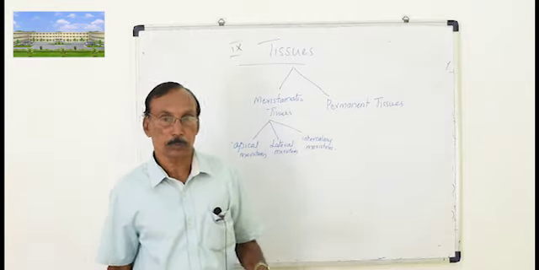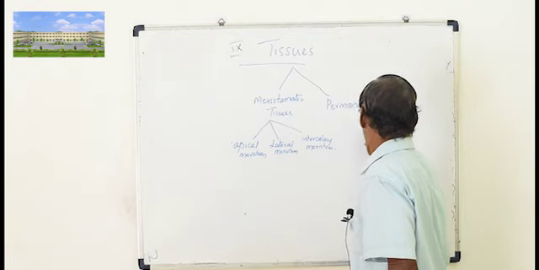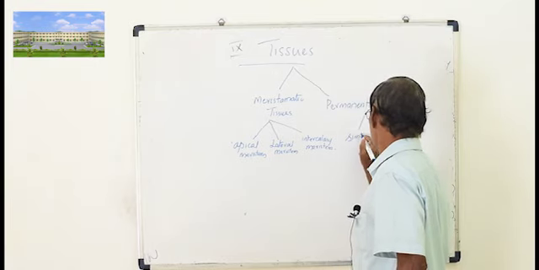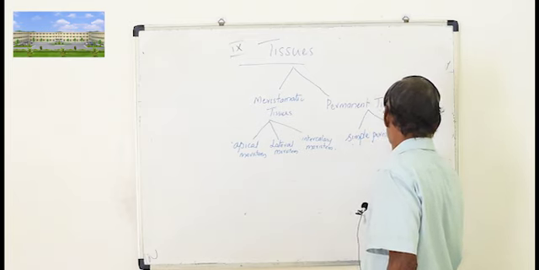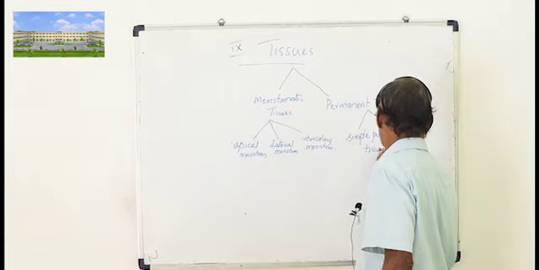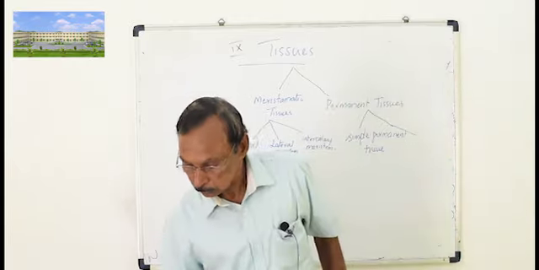The second one is permanent tissue. It is divided into two types: simple permanent tissue and complex permanent tissue.